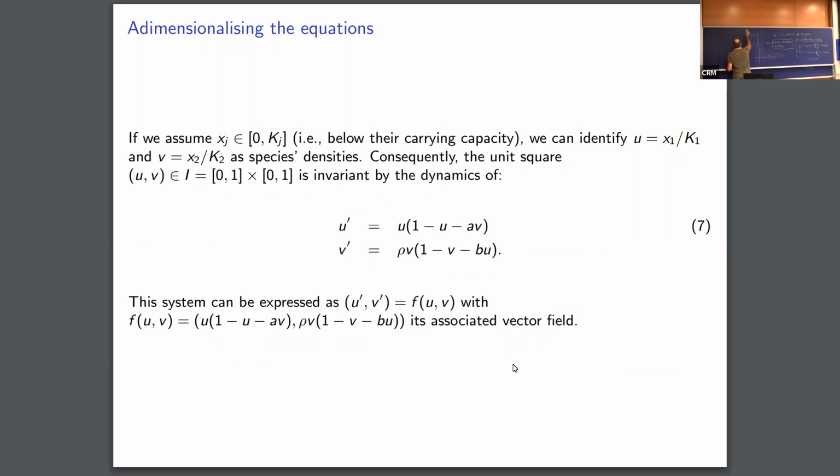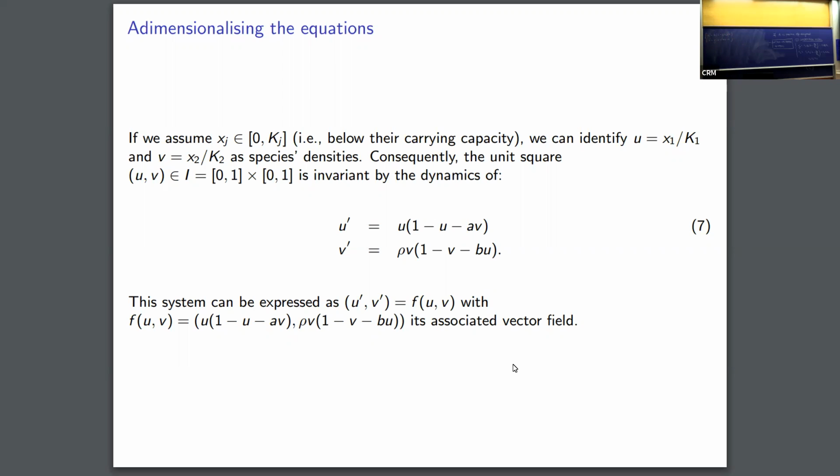So what's a nullcline? Well, a nullcline is in general a curve or manifold. This is my first equation. This is the second one. This is A, I think, and this is v minus b, with bu minus b.